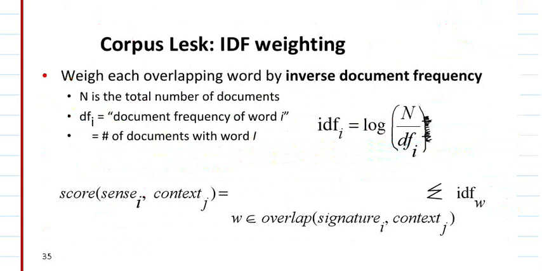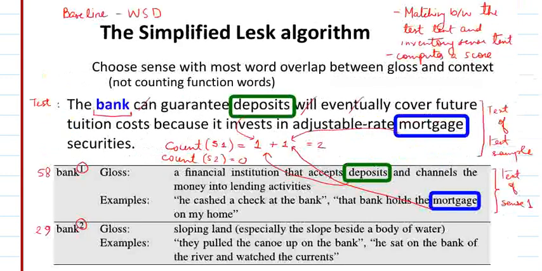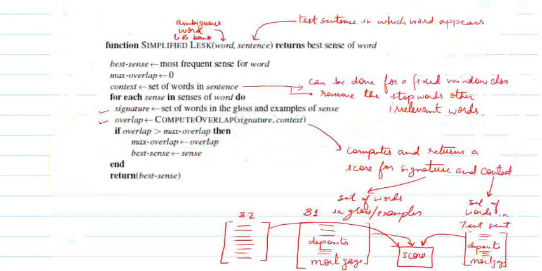In this case we are computing the score for all the words present in the test sentence, and then we get only a positive score for deposit and mortgage, and the rest of the scores are 0.